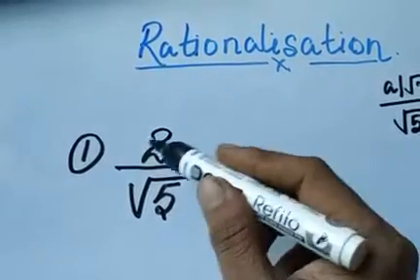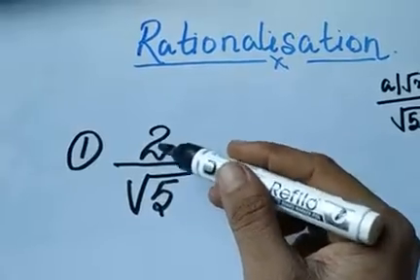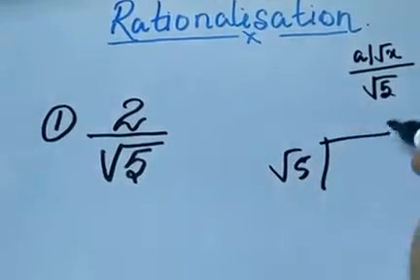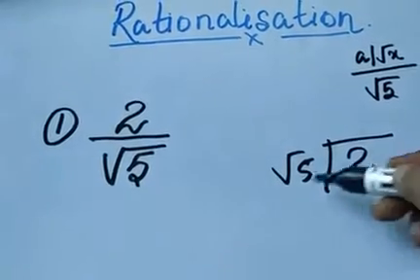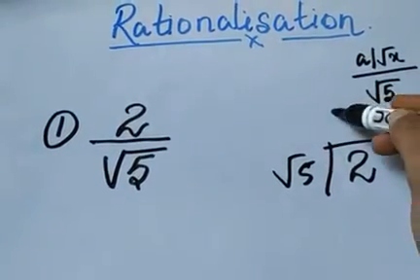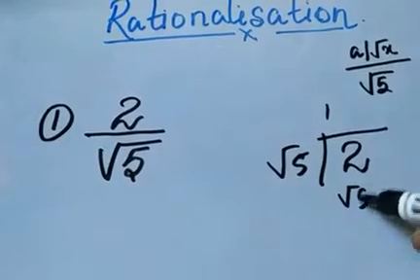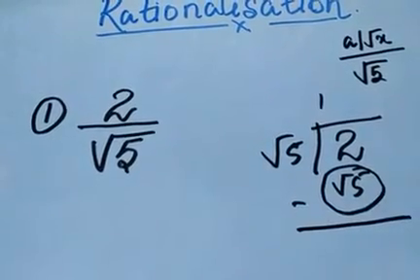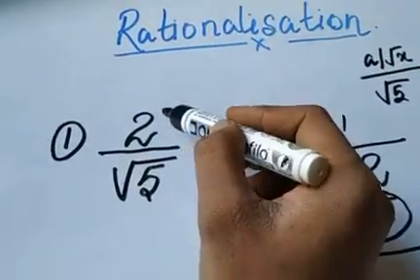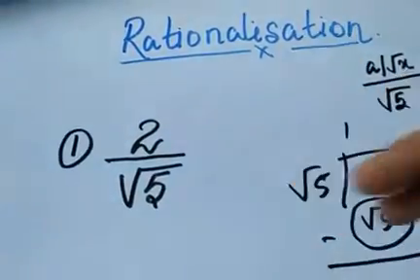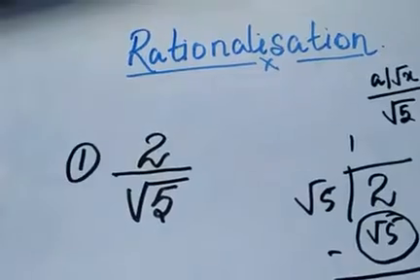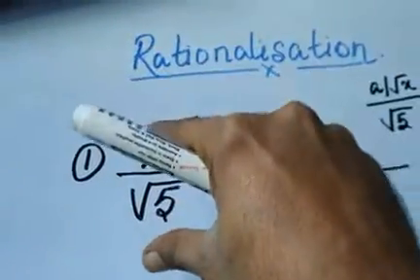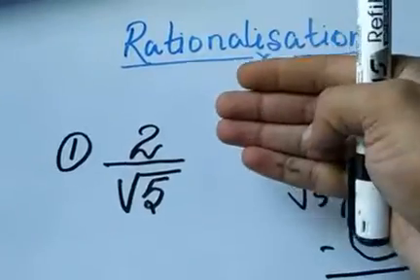Whenever we have a factor of root 5 and we try to divide, it becomes impossible. Even if you write root 5, you don't exactly know what the value of root 5 is. How would you divide this? The concept here is that it is an irrational number, and that's why we are learning rationalization, how to convert this into a rational number.